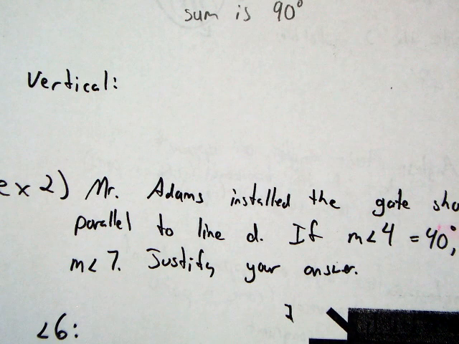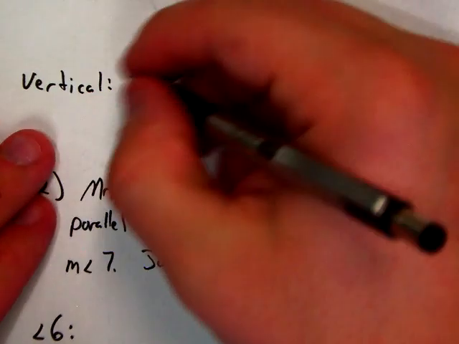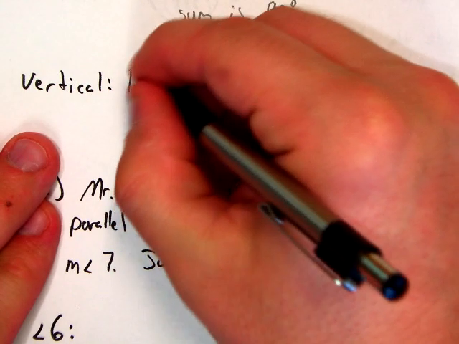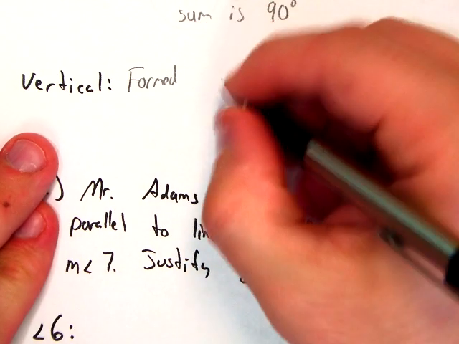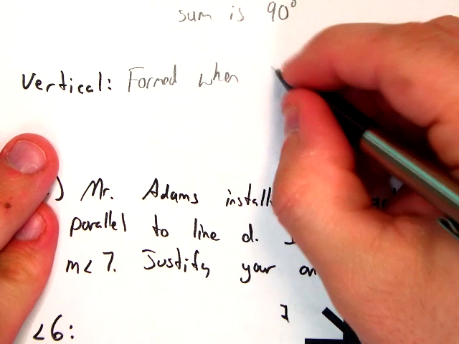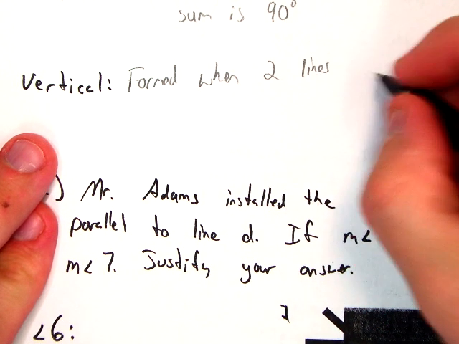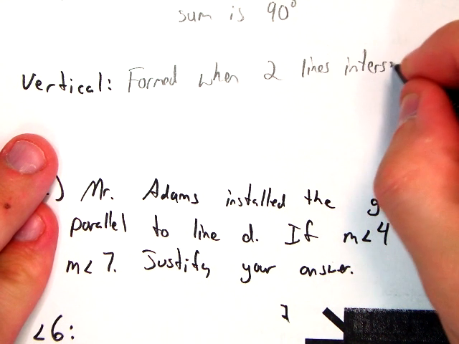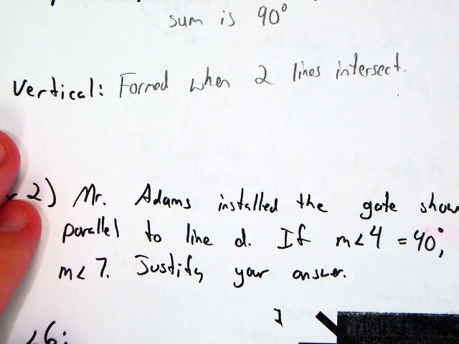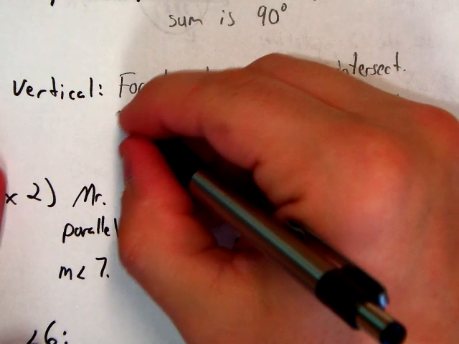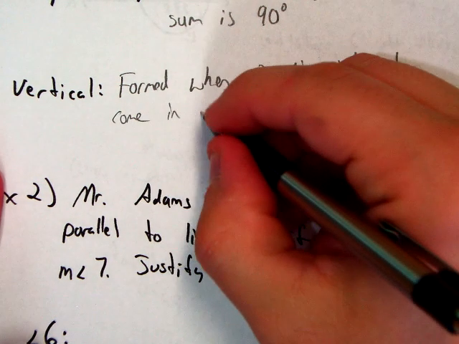And last but of course not least is vertical angles. Vertical angles are kind of tricky to understand and remember, but they are formed when two lines intersect. They come in pairs.